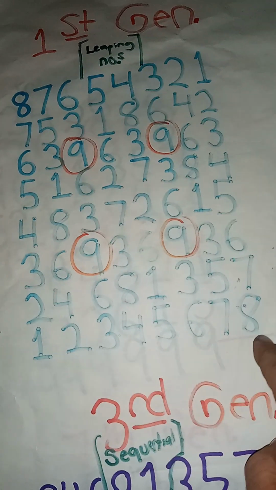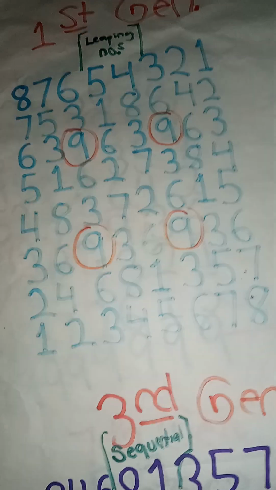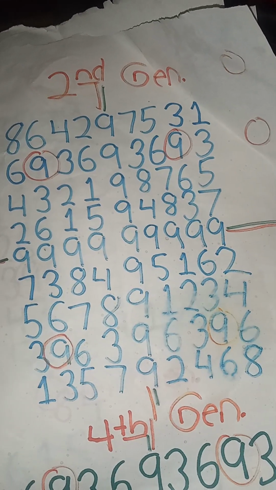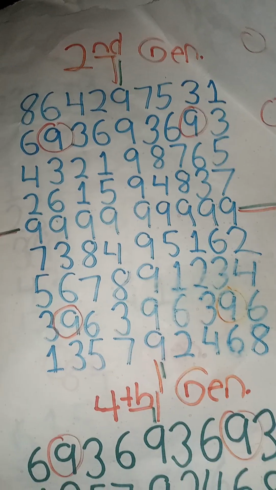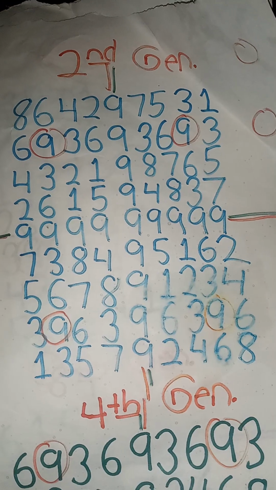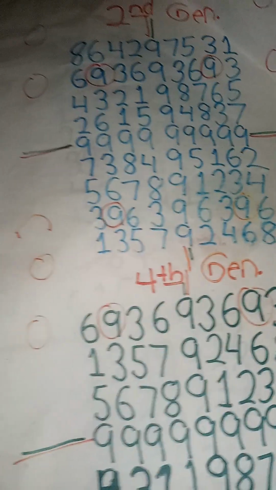Right here is the first generation again without the nines border. You just assume the border to be there, and these 9s appear. And these 9s go throughout these generations. And these are just going down the series of numbers from 100 to 1 or 0, whatever.